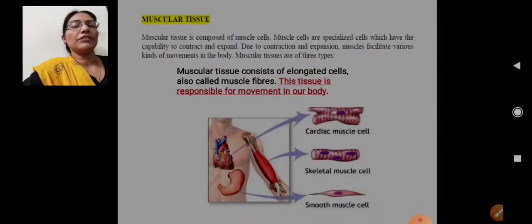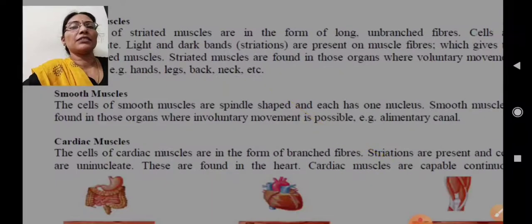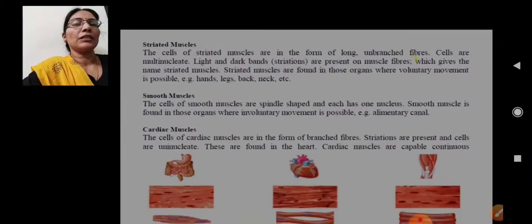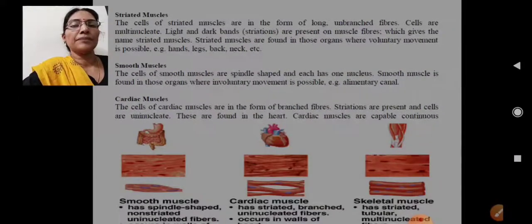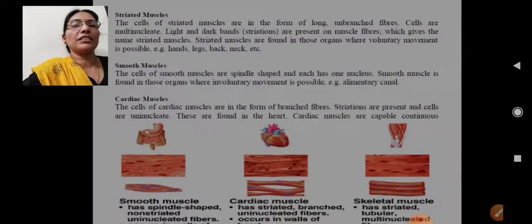Now in the next slide you can see their features. What are striated muscles? What are smooth muscles? What are cardiac? Whatever I explained now is written here. So you can make a note out of it, and the differentiation between the three: striated muscles, smooth muscles, and cardiac muscles.